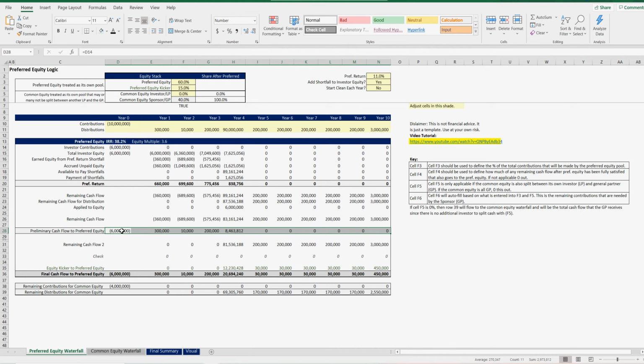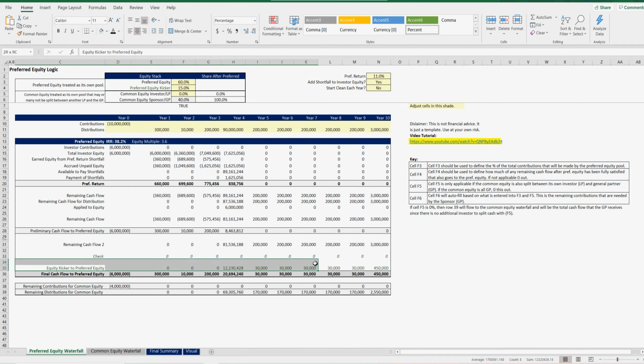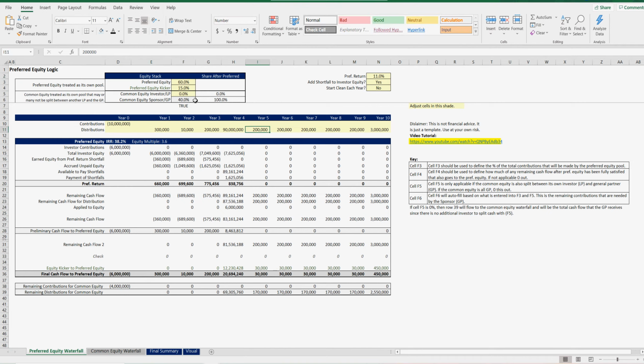This is just returning all of the money back plus giving the yearly pref return percentage. Then you've got the kicker here. You can see in this case the kicker is 15%. So in year five, if the preferred equity has been fully satisfied, 200,000 is split 85/15, and that would be 30,170 for the common equity.